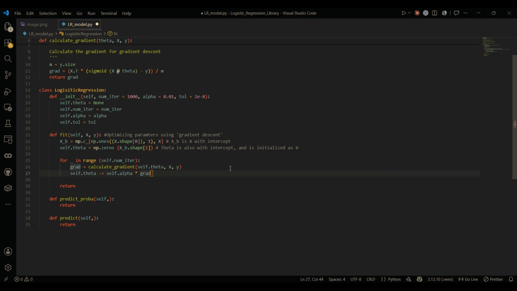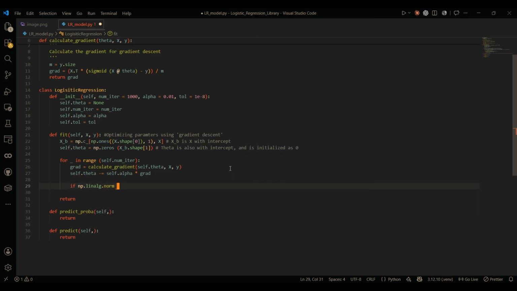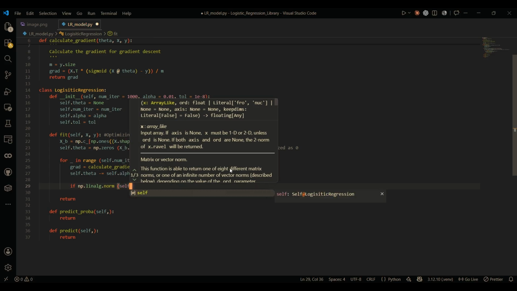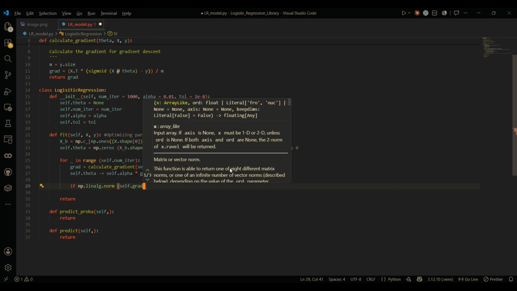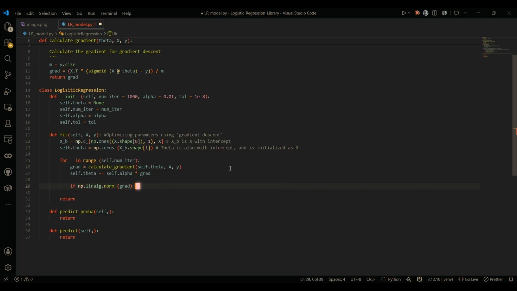Then with np.linalg.norm, which gives the magnitude of the gradient, when the magnitude of the gradient is so close to tolerance, we'll just break this loop because there's no point optimizing anymore, right?